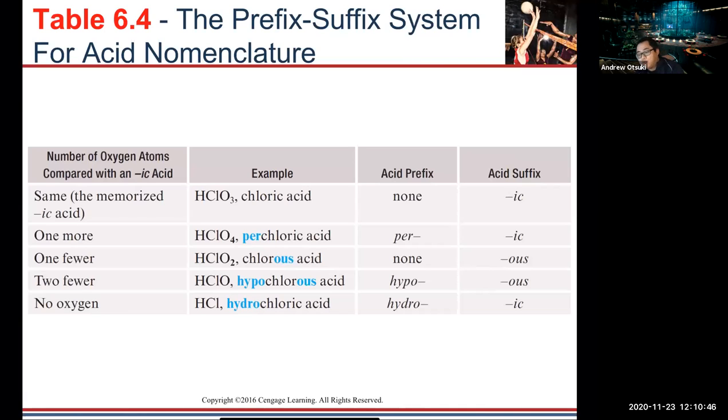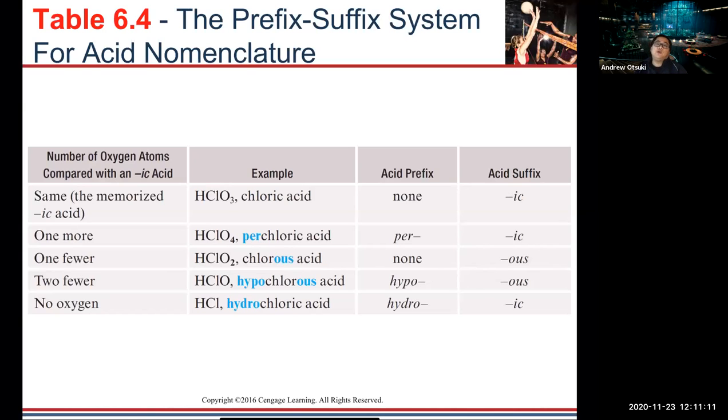So if we have one more oxygen, we just went over that. We have the prefix per and then ic at the end, so that's like perchloric acid. One fewer, HClO2, we now have the OUS ending, so we call it chlorous acid. There's no prefix, there's only a suffix, and it's OUS.